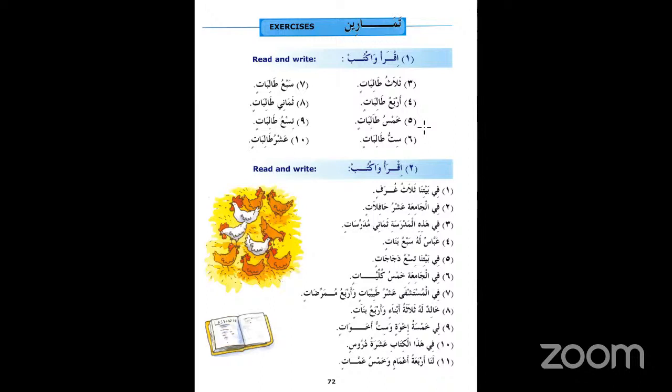Tis'u talibatin, 9 feminine plural students. Idafa construction. Tis'atu tullabin. It's vice versa: the masculine text takes the feminine number, the feminine text takes the masculine number. Ashru talibatin, 10 feminine plural students. Ashratu tullabin, 10 masculine students.